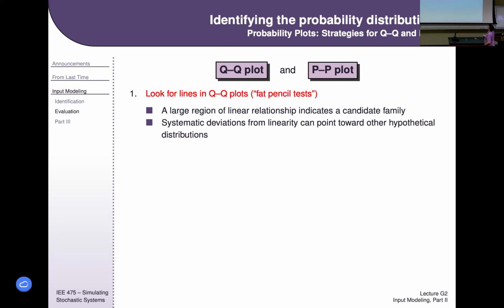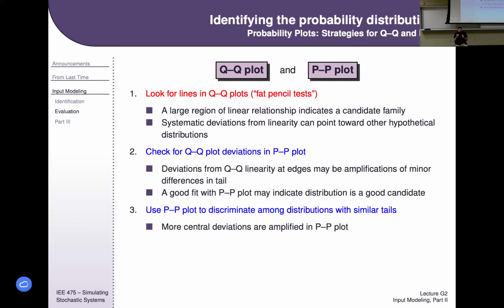So you look for lines or fat pencils in the QQ plots. If you have large deviations, you use that to help you pick a better distribution. Once you've figured out the better distributions, and you've got a couple that look really good in the QQ plot, then you can use your PP plot to discriminate among the distributions that basically fit in the tails.